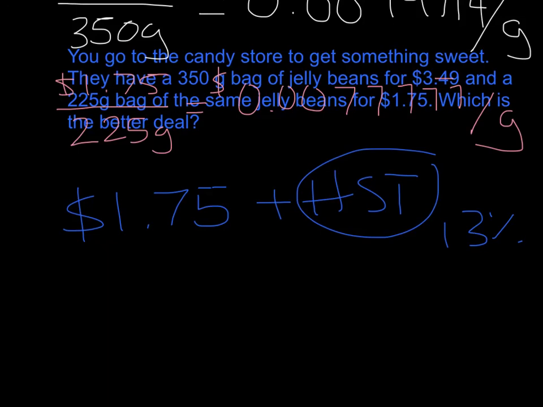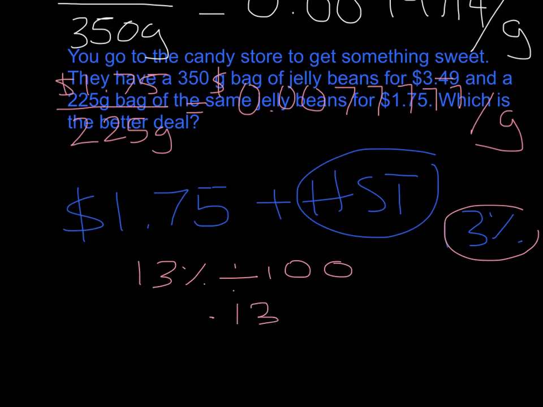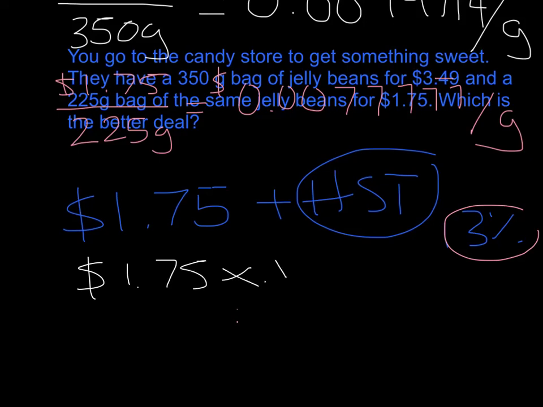So in order to take a percentage and turn it into a decimal, you take your percentage. So if it's 13%, you divide that by 100, which equals 0.13. Then you take your 0.13 and you multiply it by your cost amount. So if my jelly beans cost $1.75, I multiply it by 0.13.